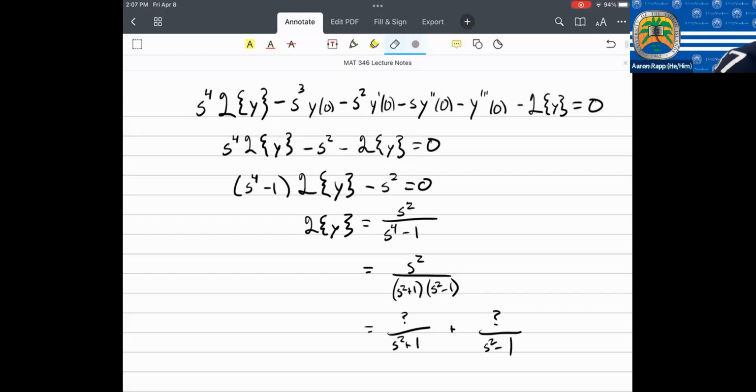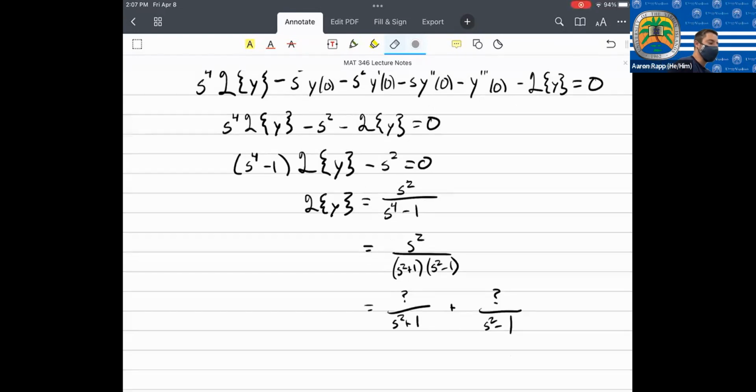Well, s to the fourth minus 1 gives me a power of s to the fourth, and that really would only work if it needed to be s minus the number 2 to the fourth power, which is not what we have. We said we had a bunch of squares, so we took that s to the fourth minus 1 and factored it into s squared plus 1 times s squared minus 1 in the denominator. But now I still have this s squared up in the numerator.